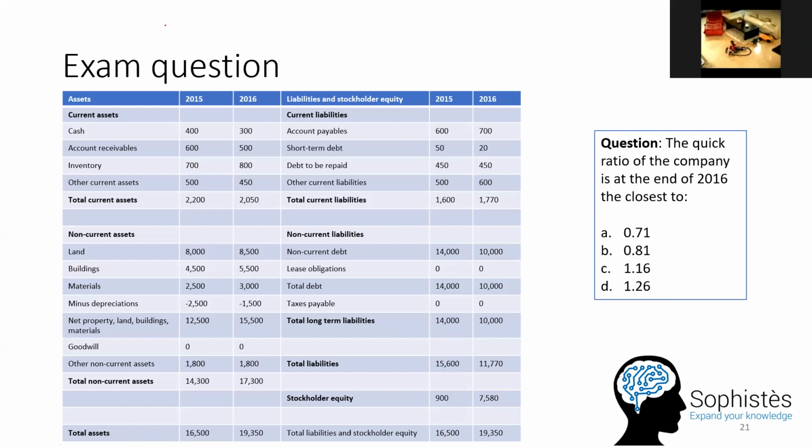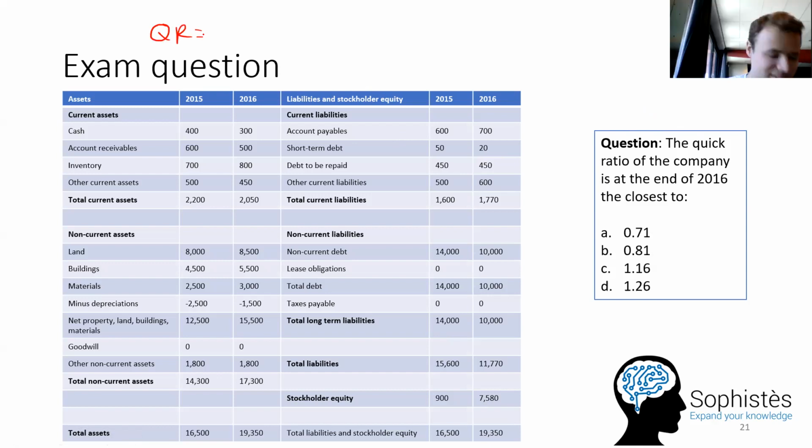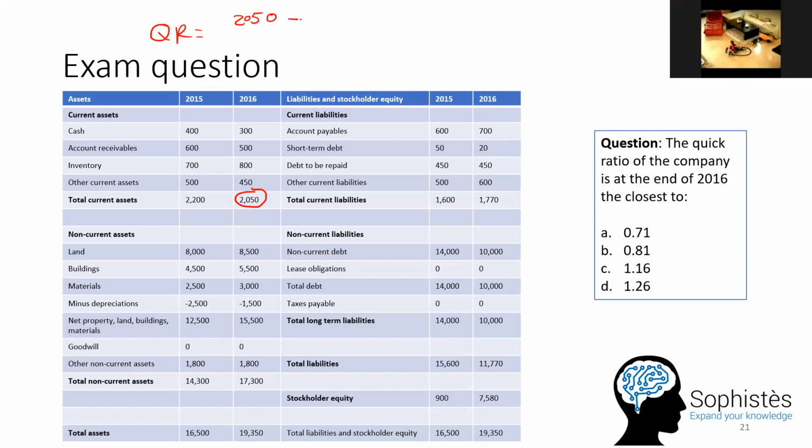It's total current assets. And what is the total current assets in 2016? This one, 2050. Yes. So I don't write down the formula, but it is in the WhatsApp group, and on the previous slide. Now we need to deduct, minus, the inventory, which is 800, right?